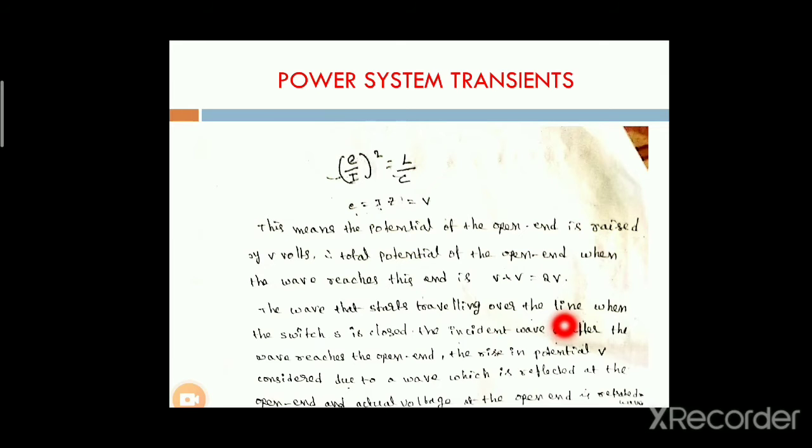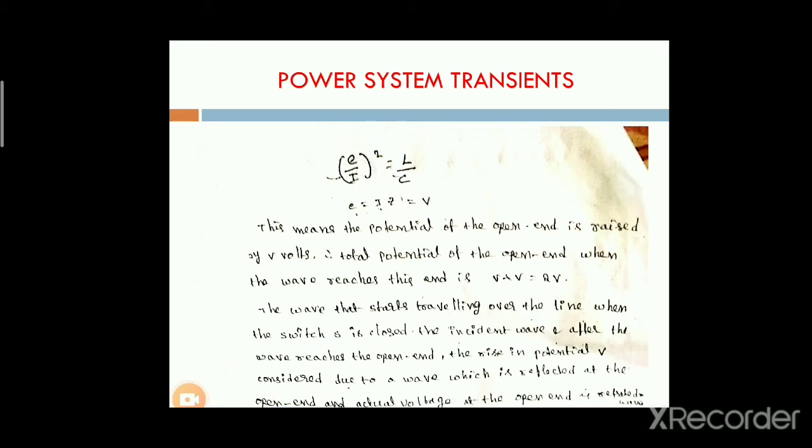Consider the wave which is reflected at the open end. The actual voltage at the open end is the refracted wave. At the open end we calculate the actual voltage, and that is called the refracted wave.